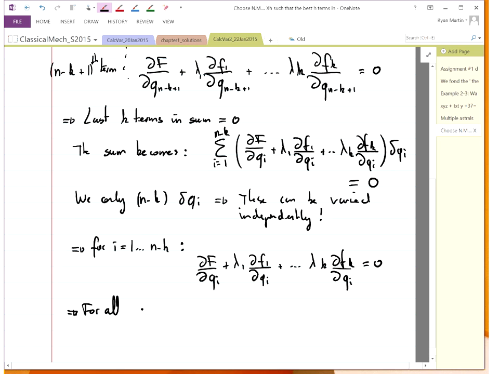And so the conclusion is that for all i, you end up getting ∂F/∂qi + λ1 ∂f1/∂qi, etc., λk ∂fk/∂qi equal to 0.